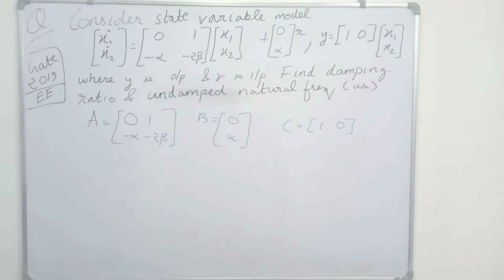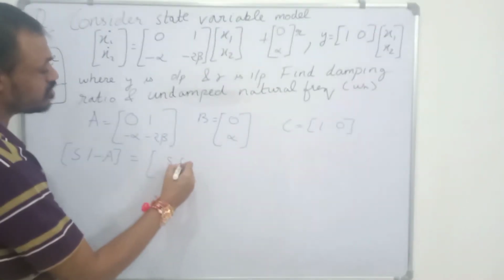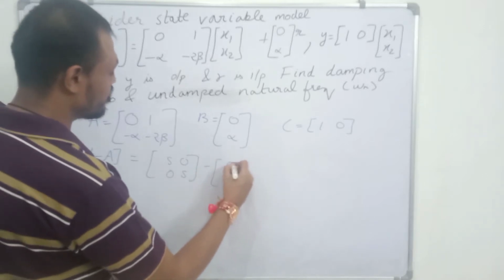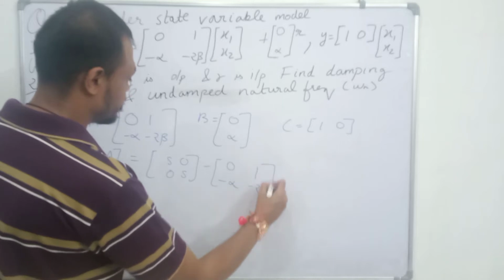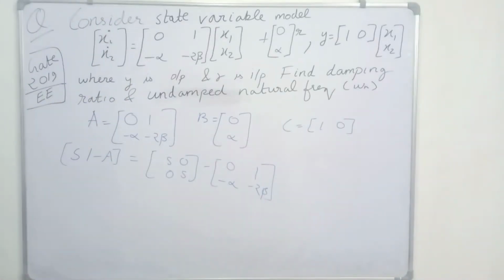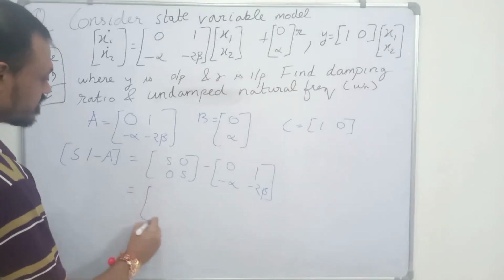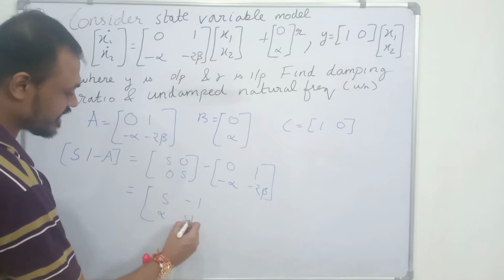To find the transfer function, first we have to find sI minus A, where I is the identity matrix. So this will be equal to [s 0; 0 s] minus [0 1; minus alpha, minus 2 beta].